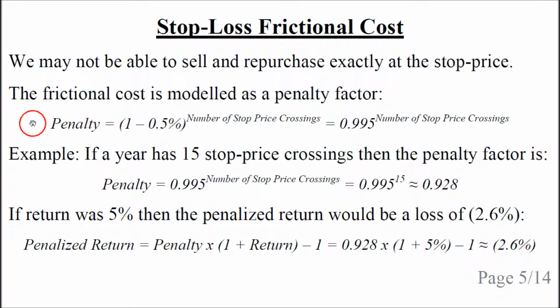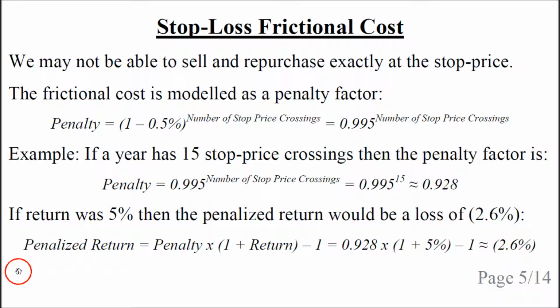Let's say that each crossing of the stop price incurs a penalty of 0.5%, and this compounds in the number of stop price crossings. So to calculate the return penalty, we have this formula here. For example, if there are 15 stop price crossings in a year, then the penalty factor is calculated as this, and it is 0.928.